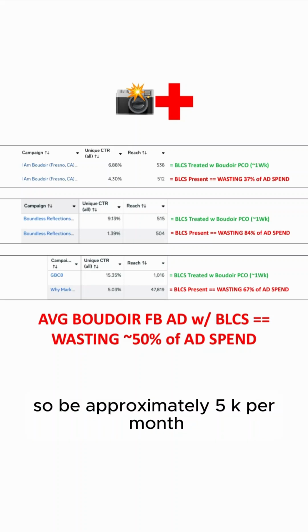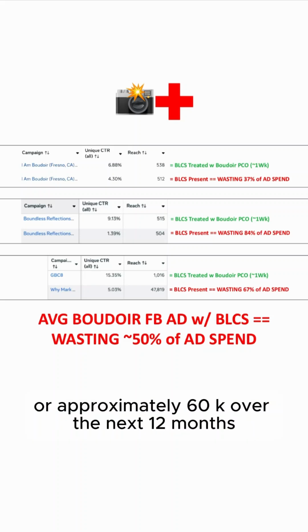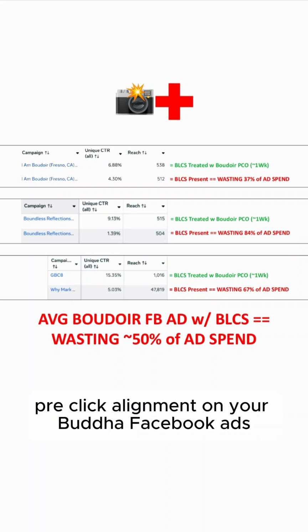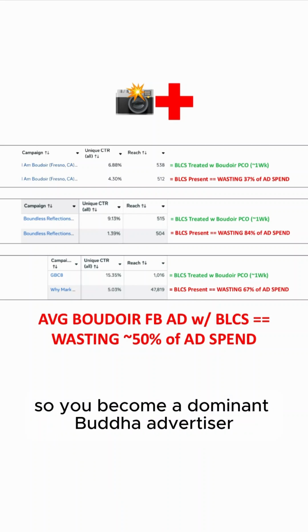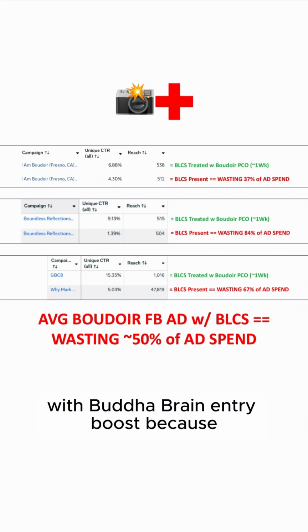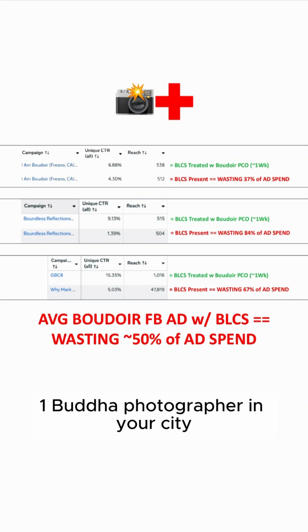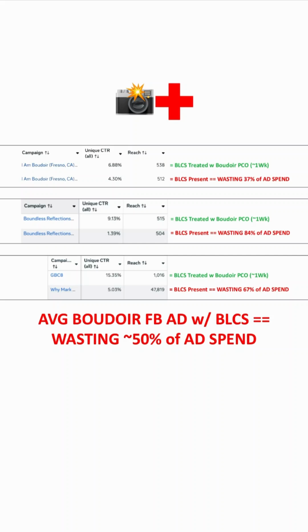So it'd be approximately 5K per month, or approximately 60K over the next 12 months, over the next year. And you want this outcome, you want to achieve pre-click alignment on your Boudoir Facebook ads. So you become a dominant boudoir advertiser with Boudoir Brain Entry Boost, because you know you need this on your path to becoming the number one boudoir photographer in your city.